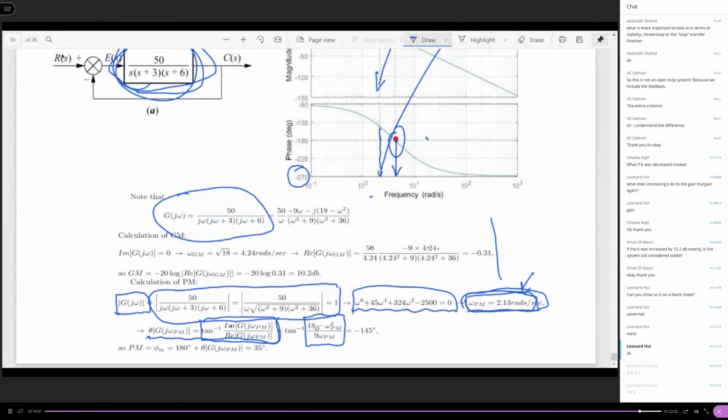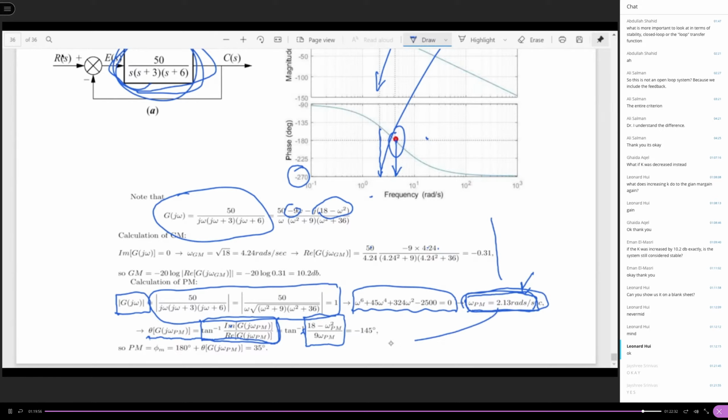The 18 minus omega square PM over the 9 over omega PM. You see, it's just equal to the imaginary part over this one. Why do you get a positive sign here? Because both parts are negative, so you get a positive sign.